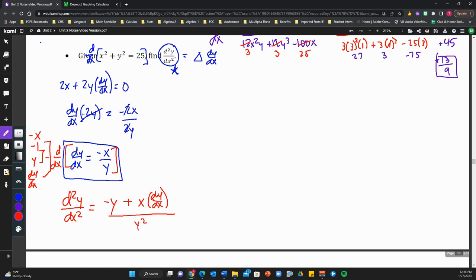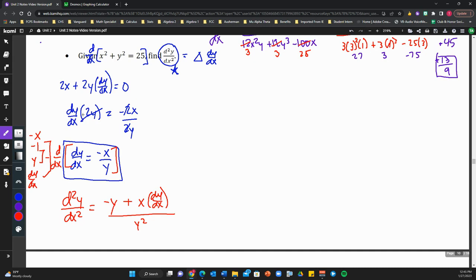That's a lot of extra stuff to do, and it's not a good, clean, simplified way of expressing the quantity of d2y/dx2. We want it just in terms of x and y. So anytime that your dy/dx has a y variable in it still, your next derivative will have a dy/dx, or the previous expression in there somewhere. That's just how the chain rule works. And that is true for every subsequent derivative on and on forever.